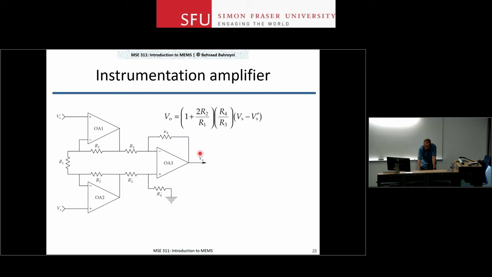So V out at the end of the story you can show to be given by that expression over there. Now, this is different from an op-amp, right? So in an op-amp you had an infinite gain between the inverting and non-inverting inputs. In here you have a finite gain, right? So if you're making this circuit with op-amps, you can choose R3, R4, R2, and R1 to get your desired gain value.